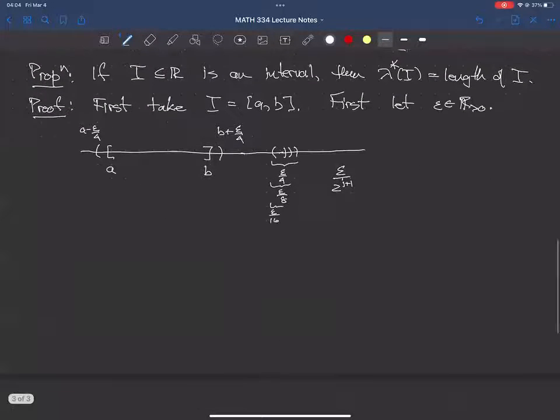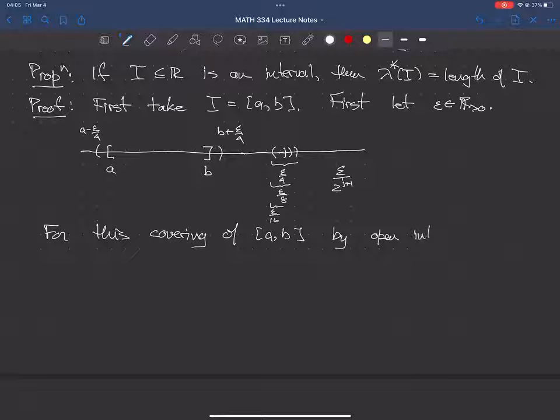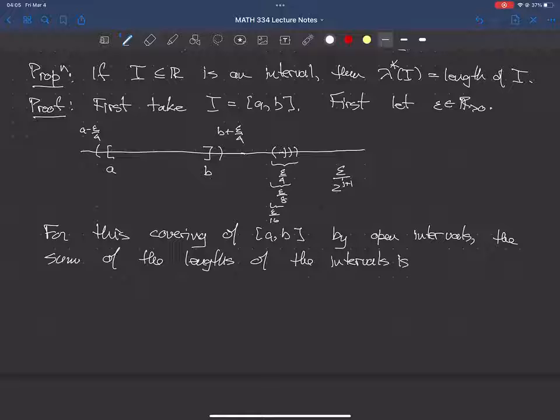Okay, so for this covering of AB by open intervals, the sum of the lengths of the intervals is, okay, so it's going to be the length of this one, which is b minus a plus epsilon over 2.